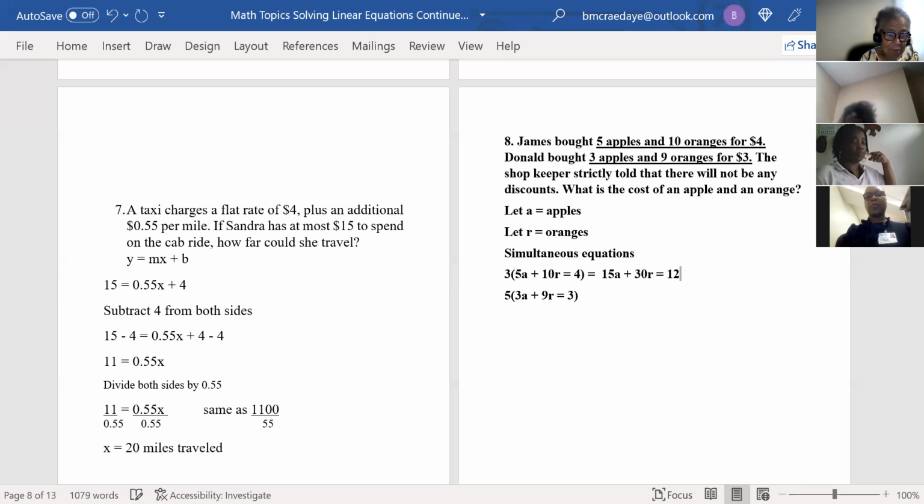All right. Now, Maureen, what would the second one be equal to, multiplying that by 5? 5 3s is 15, so that'll be 15A. And what would be the next one? 5 times 9R is what?